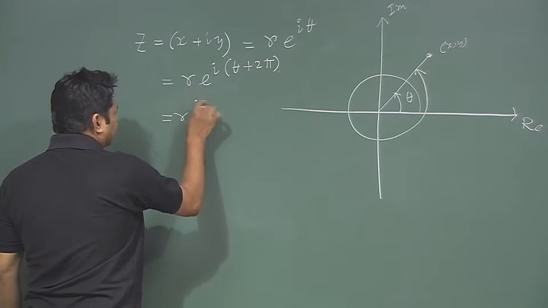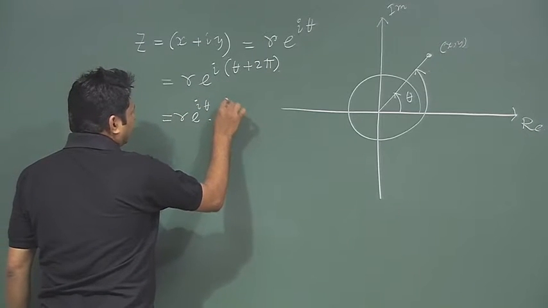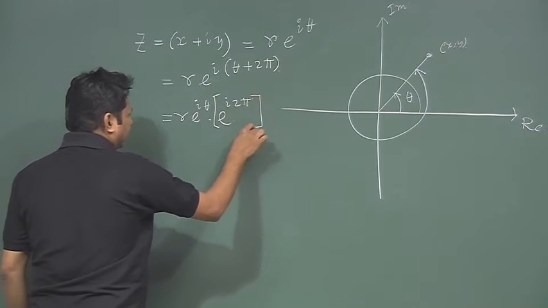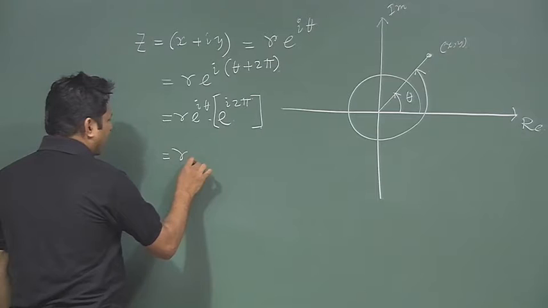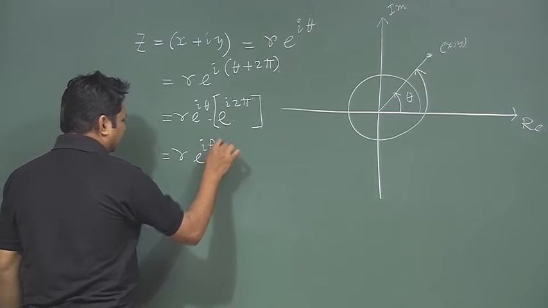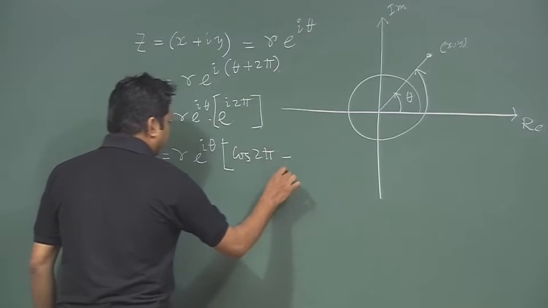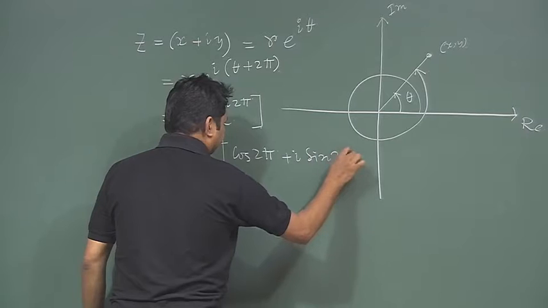Mathematically it is easy, because e to the power i theta and e to the power 2 i pi, you can have these additional terms. What is the value of this quantity? r e to the power i theta multiplied by cos 2 pi plus i sin 2 pi.